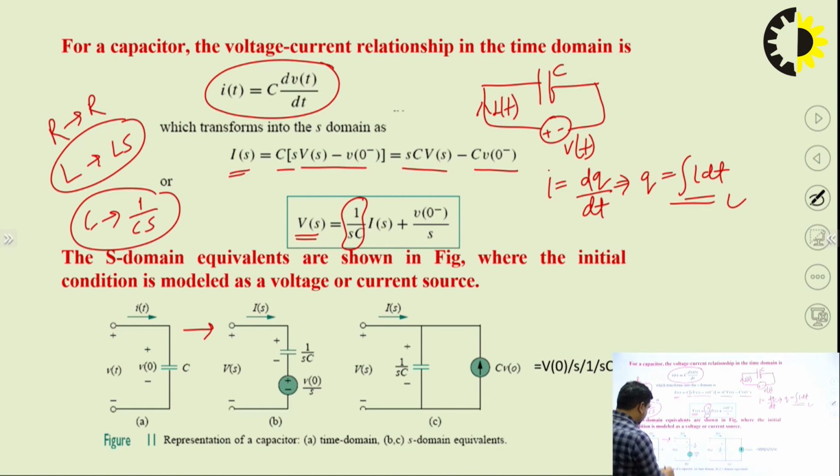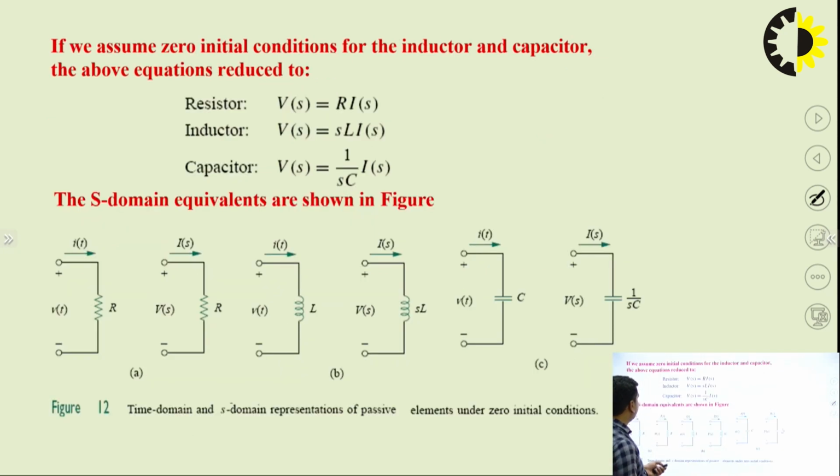Here we have a 1/(sC) capacitor in S domain, and an additional voltage source with opposite polarity, v(0-)/s. If you apply the source transformation, then it becomes this one. So this is the summary.